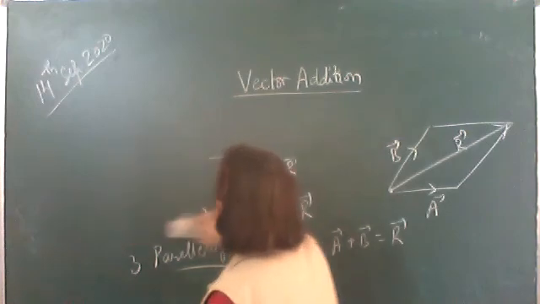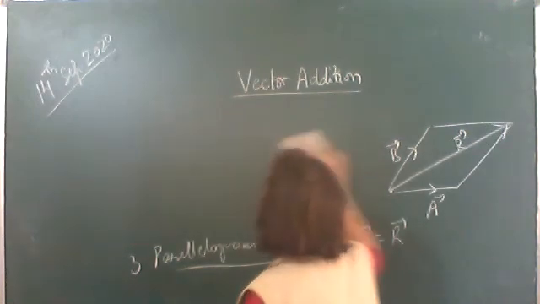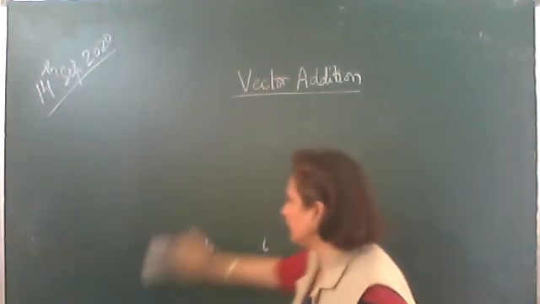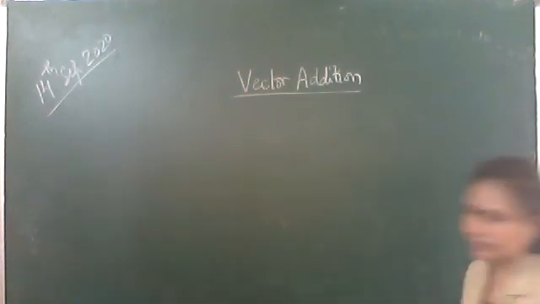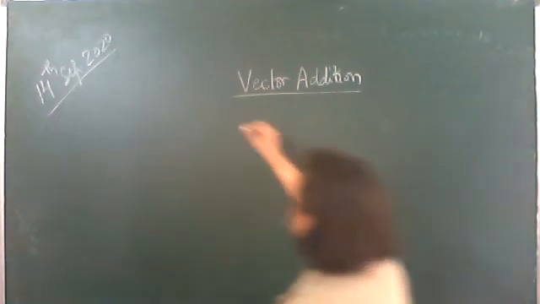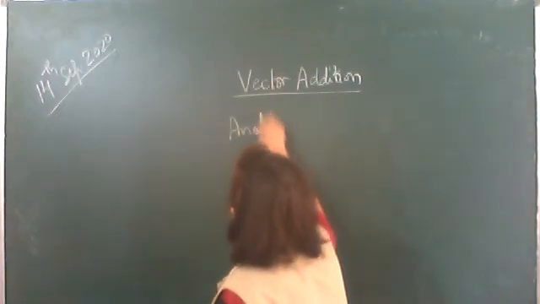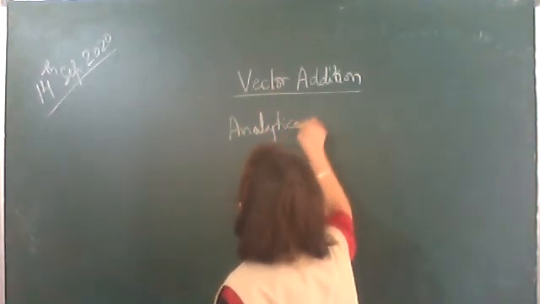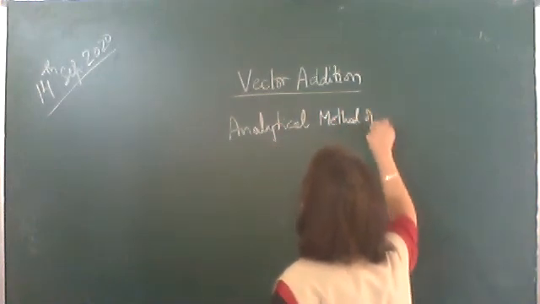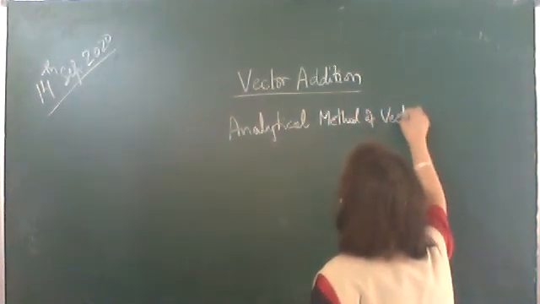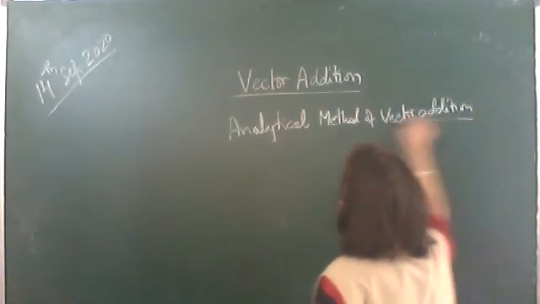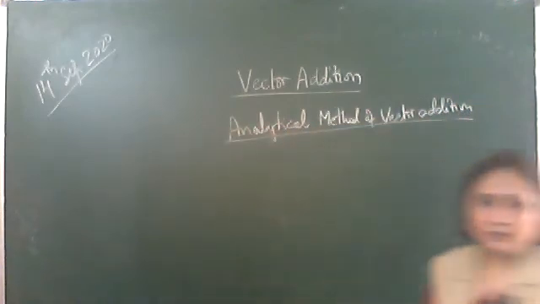Okay, so write the next heading: analytical method of vector addition. Analytical means mathematical; in the bracket you can write mathematical.